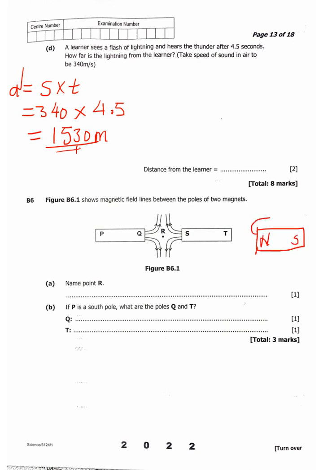Magnetic field lines always move from the north pole to the south pole, so you can identify the poles by looking at the arrow. Where the magnetic field lines originate is a north pole, and where they are going to is a south pole.